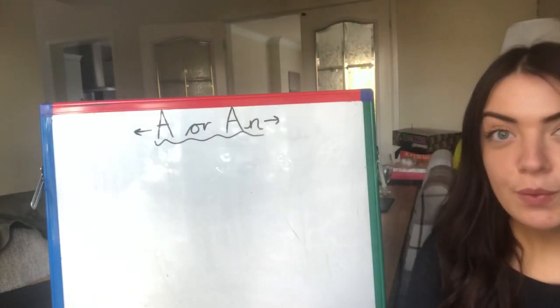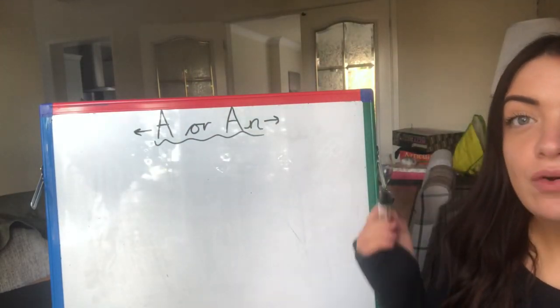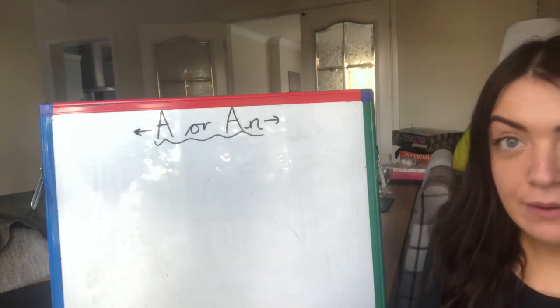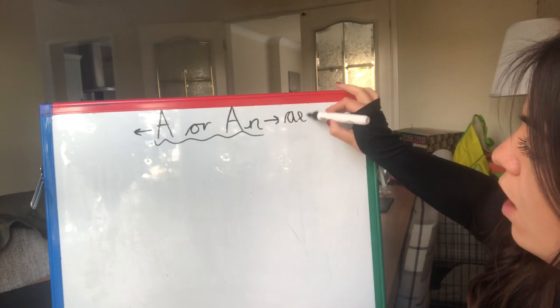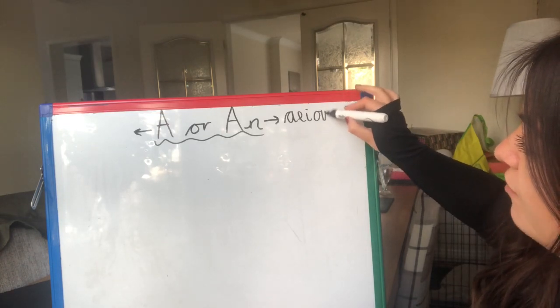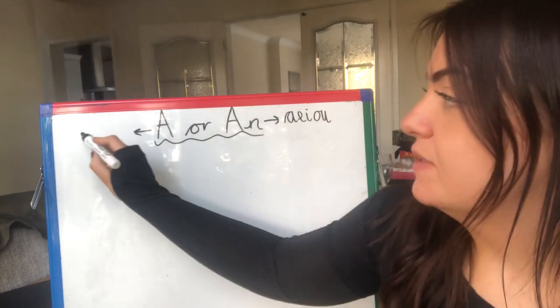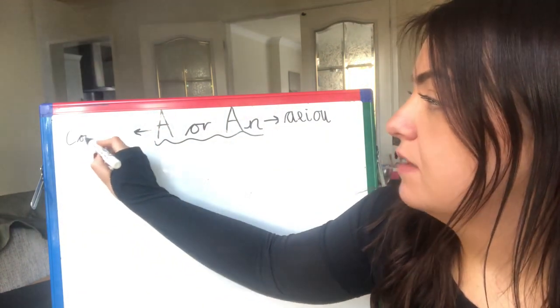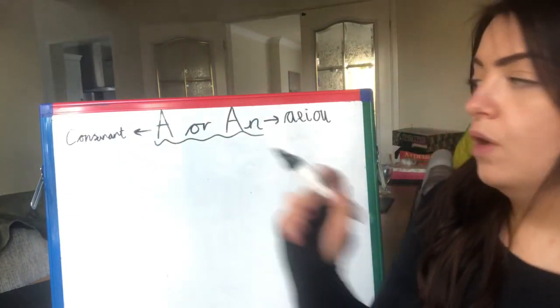Okay, so a quick pause and a quick rewind then. So we use a or an before a noun. Now we use an if the noun starts with one of our vowel letters, A, E, I, O, U. And we use a if it starts with one of our consonant sounds or letters.